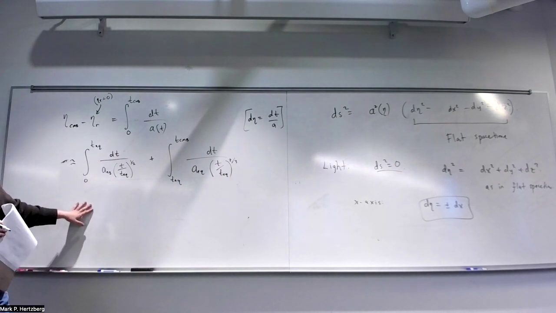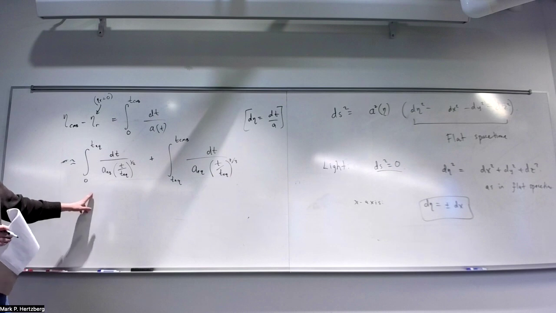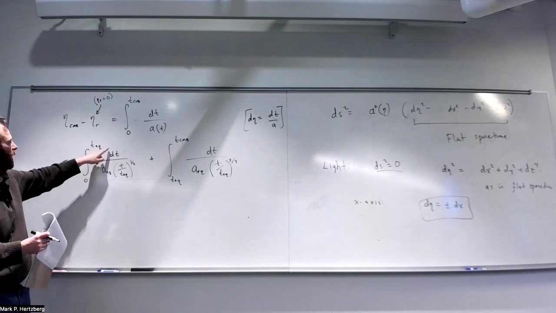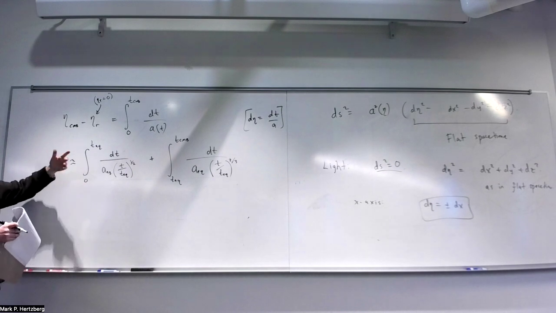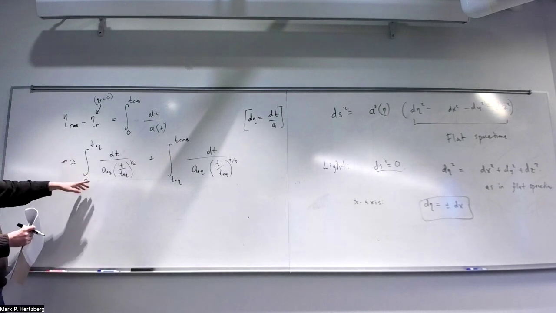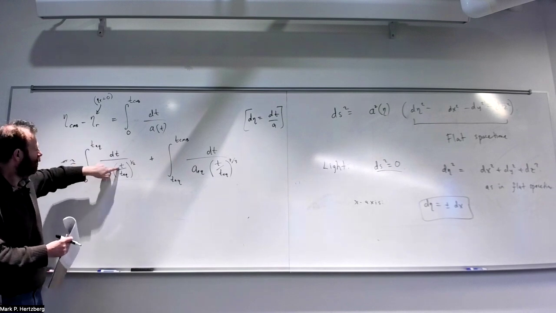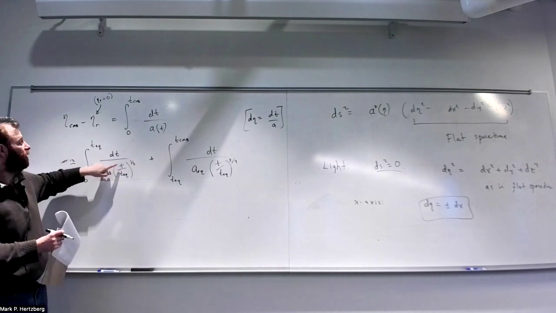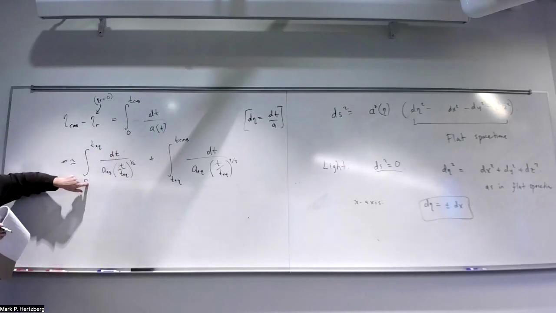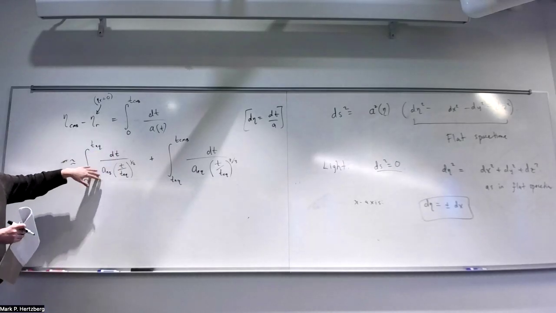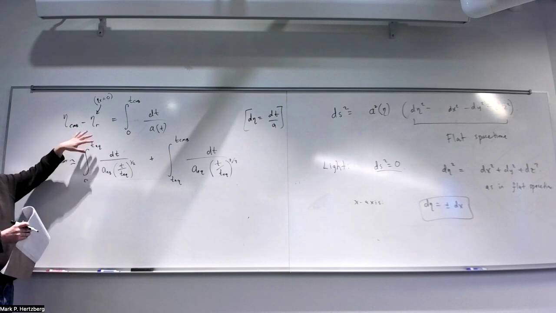But first of all, what's very important is to look at this first integral. We're integrating all the way back to the Big Bang at t equals 0, a of 0. And you see that a is proportional to root t. So the integral of 1 over root t, and we integrate to 0. So this integrand diverges as t goes to 0.